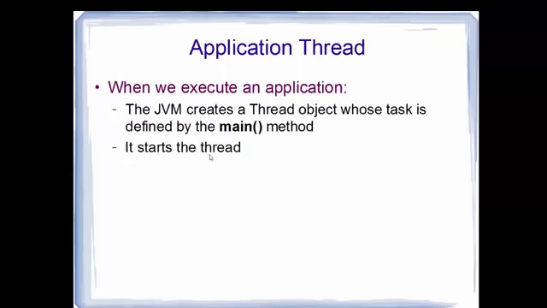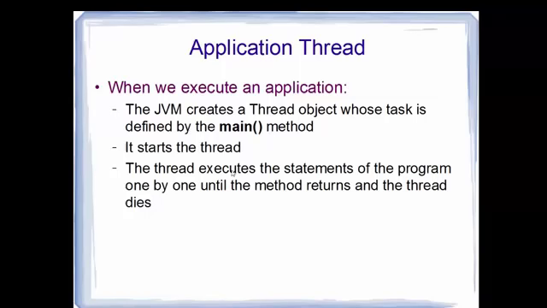As we all know, every Java program has at least one main method and only one main method. So whenever you execute this program, your JVM creates the thread whose task is to define this main method, right? Now the thread executes the statements of the program one by one until the method returns or the thread dies, right?